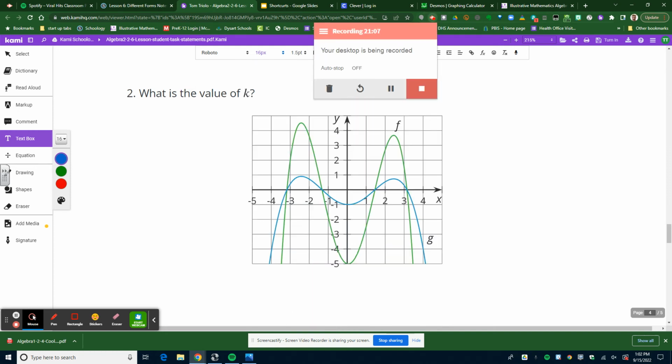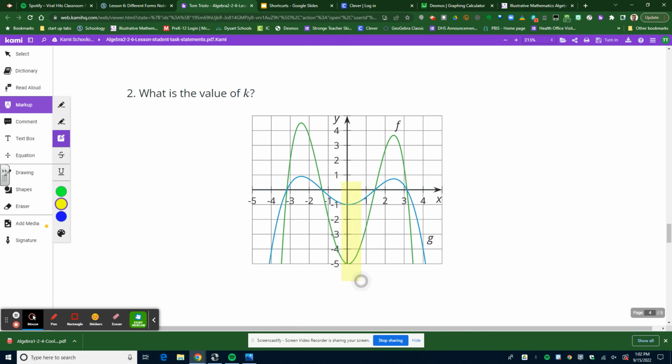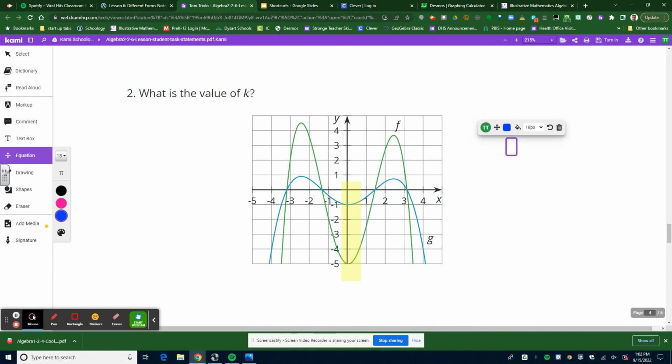So I've got to do that. We focus our attention just on the y-intercepts. I see a -1 and I see a -5. Remember, we're going from green to blue. So in essence, what I'm asking you to do, and this is an easy one. At some point, you're going to have to do what I'm doing now. So if we're going from green to blue, it's k times my -5, or let's just say it is -5k, is equal to my other one, which is -1.